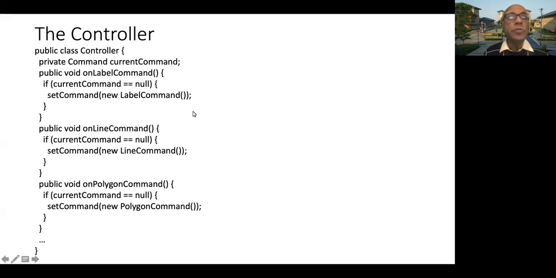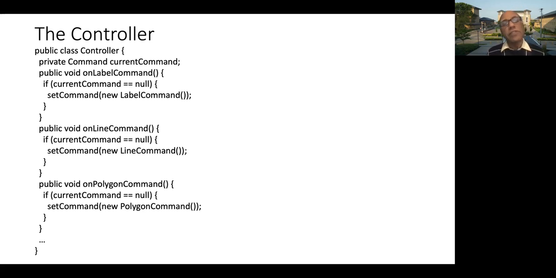When the user clicks on something in the GUI or presses or types in a character or whatever, all those requests come to the controller class. So the controller class gets requests from the graphical user interface.